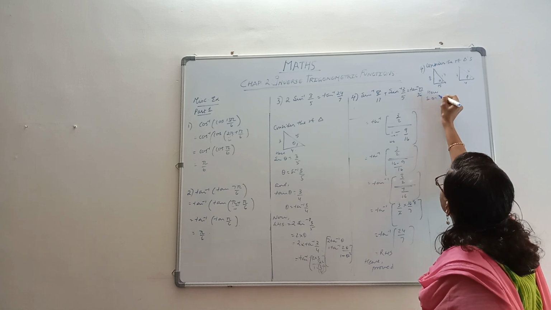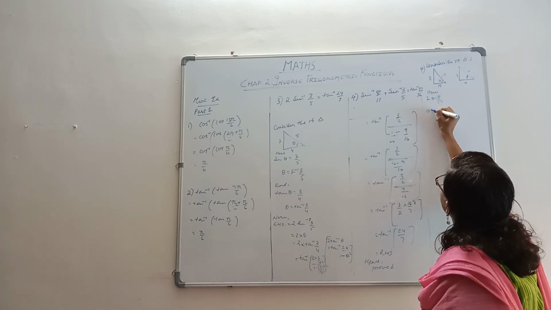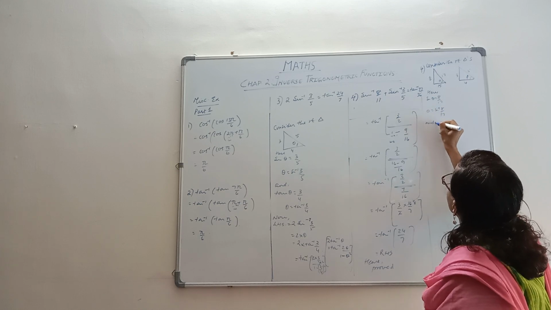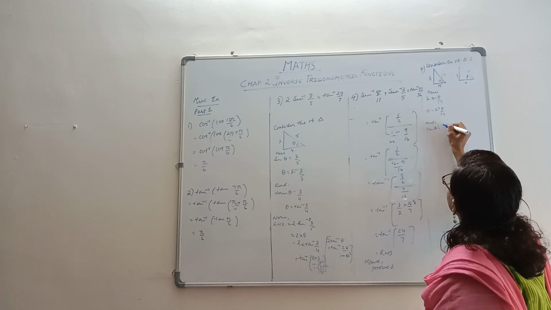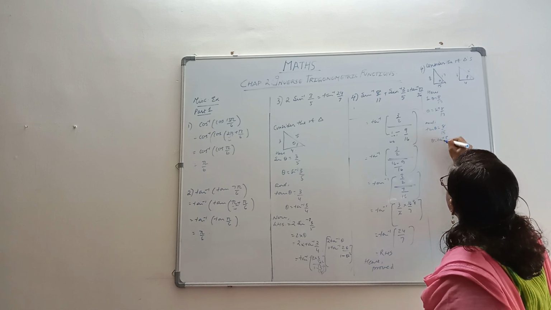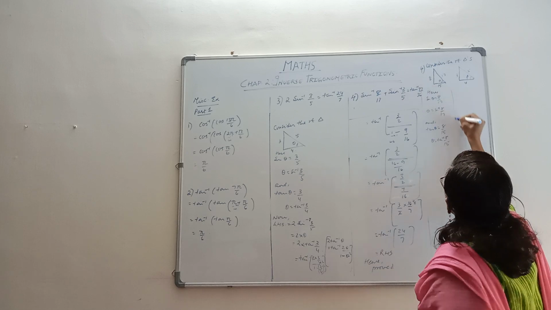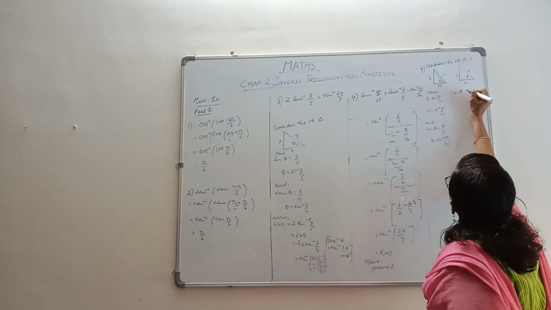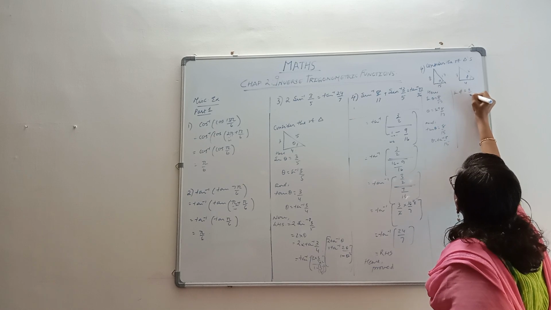Sine theta is 8 by 17. Theta is sine inverse of 8 by 17, and tan theta is 8 by 15, so theta is tan inverse of 8 by 15. Also sine phi is 3 by 5.